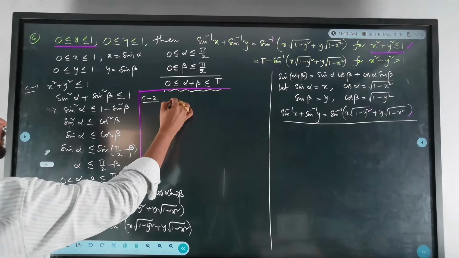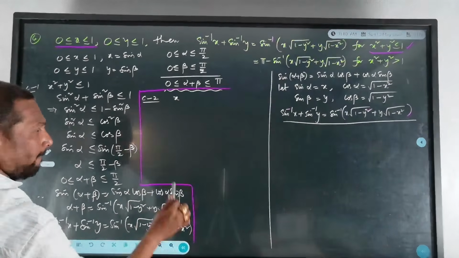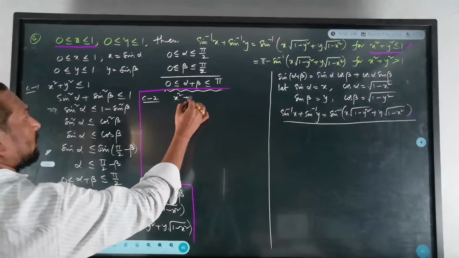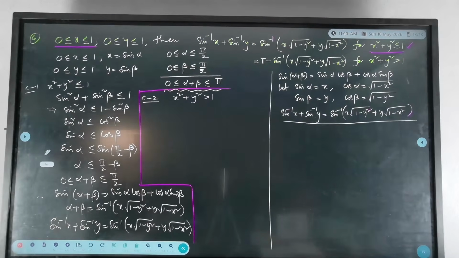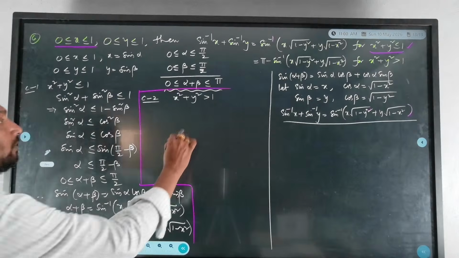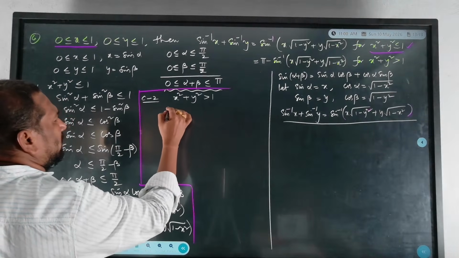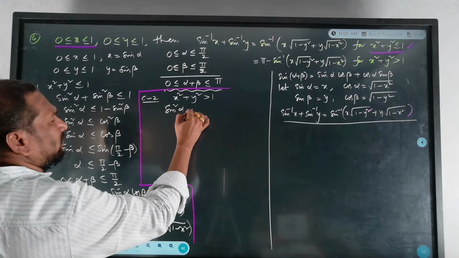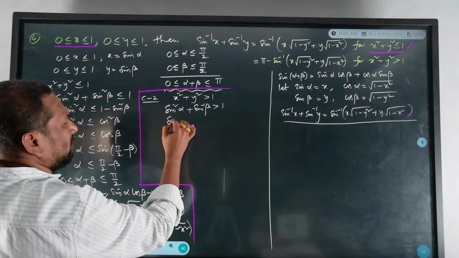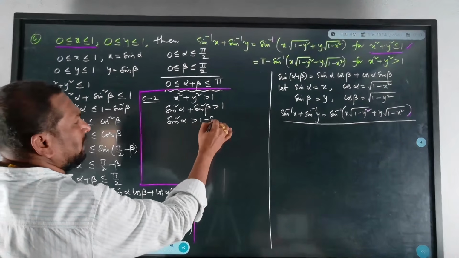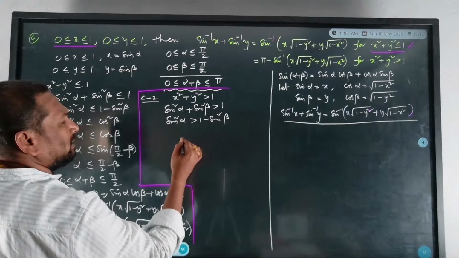Now, case 2: x square plus y square greater than 1. Then see what happens. Simple. Sine square alpha plus sine square beta is greater than 1. Sine square alpha is greater than 1 minus sine square beta.